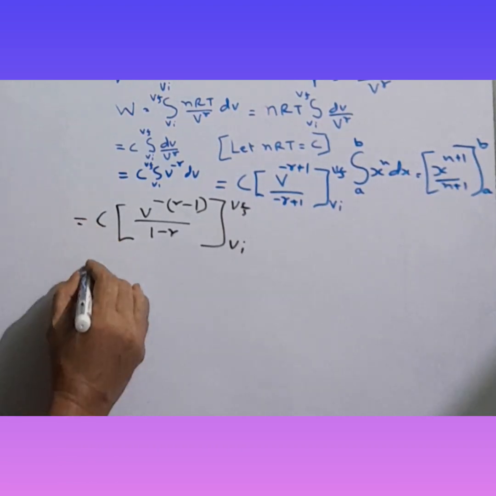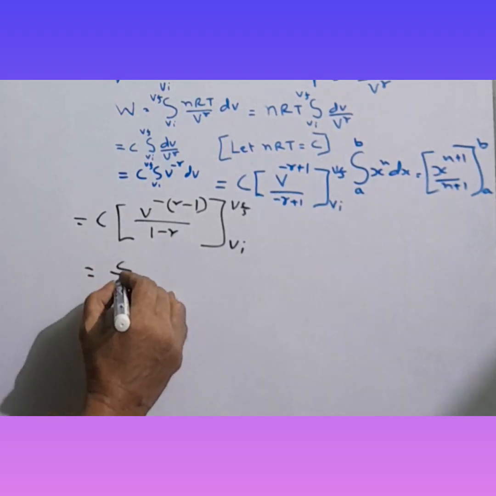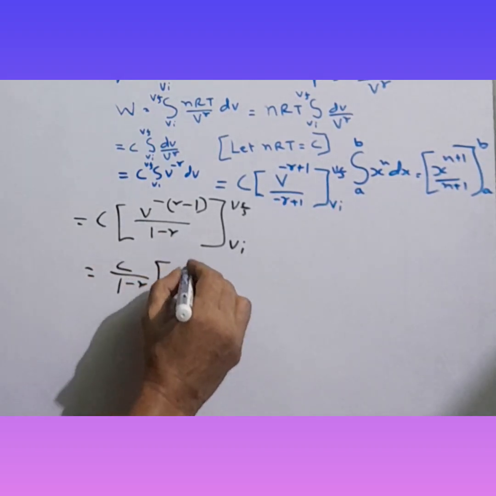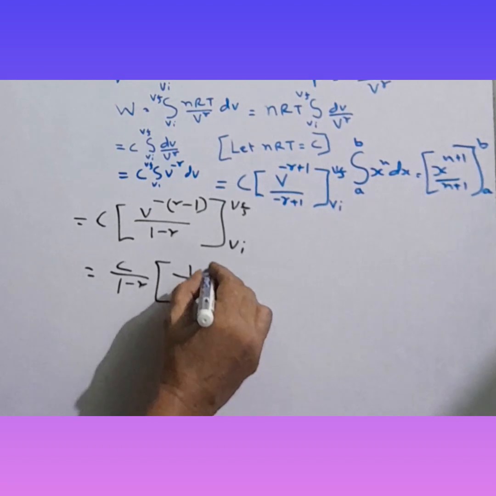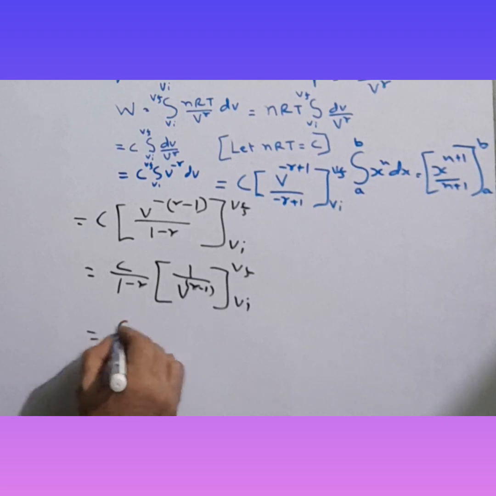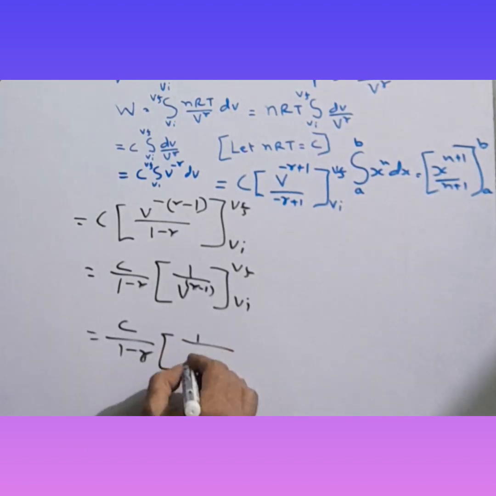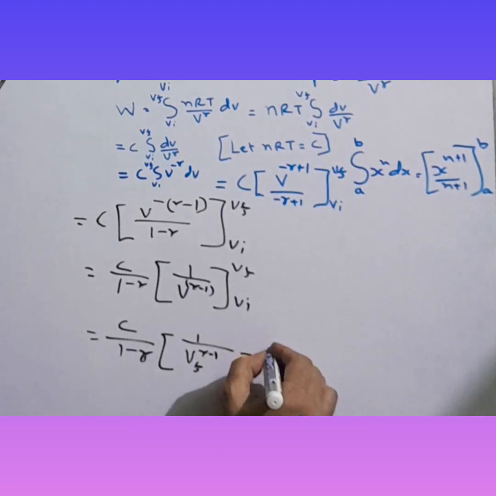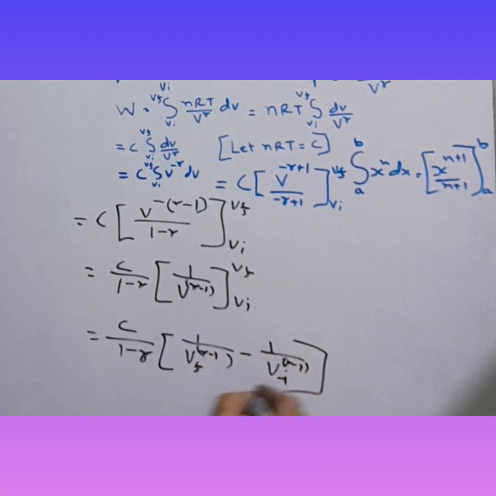This goes in reciprocal, and I take 1 minus gamma common, so 1 over V raised to gamma minus 1, between Vf and Vi. Now this can be C over 1 minus gamma as it is, and here it takes this form: 1 over Vf raised to gamma minus 1, minus, as per the rule, 1 over Vi raised to gamma minus 1. So we got it till this much.